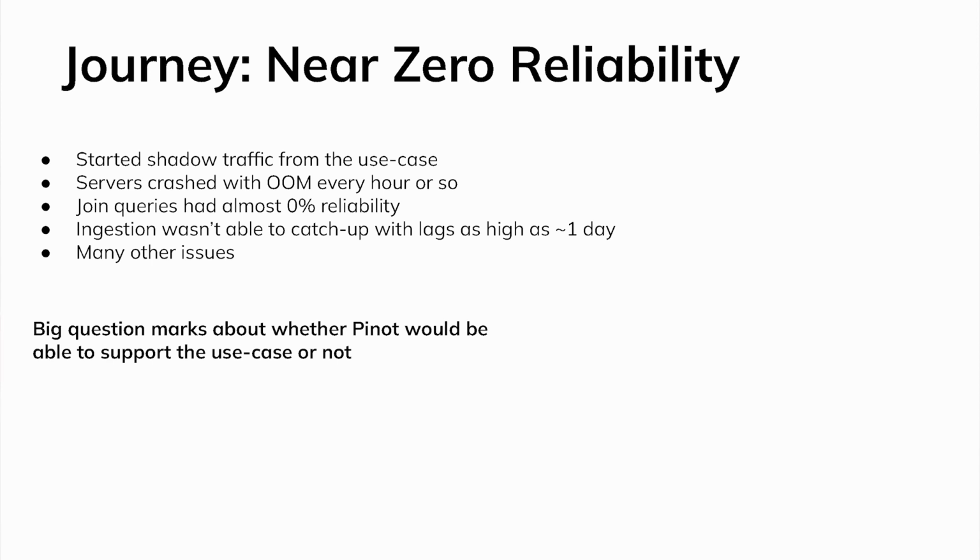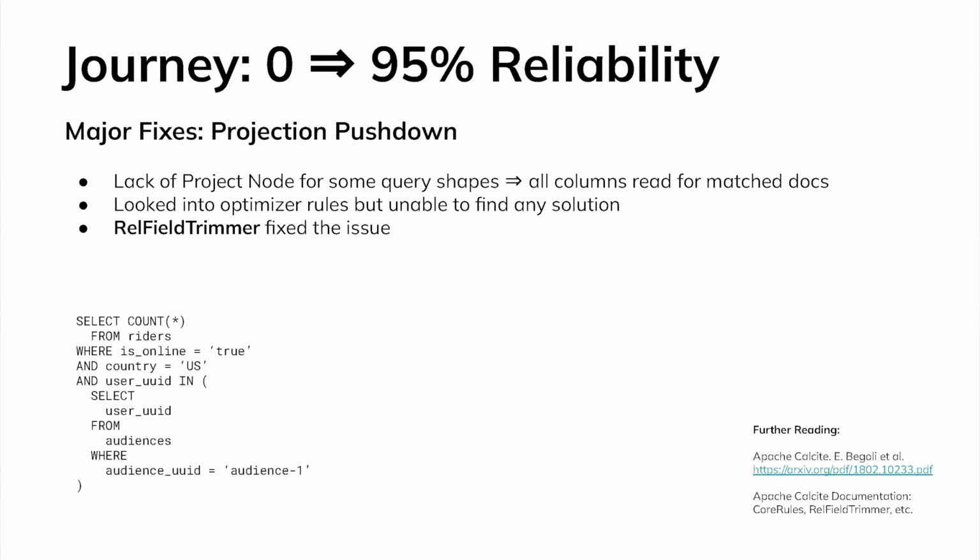So that was the problem statement at that point, and I think everyone was questioning whether Pino is going to work or not. I was also questioning it. If you were to make people bet their money against it, I'm pretty sure everyone would bet it won't work out. But obviously, it did. I'm giving the talk.